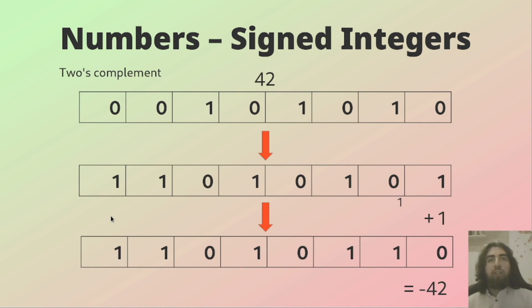Now, what about signed integers? Again, signed integers can represent negative numbers. So signed integers use a concept called 2's complement, where the processor will take a number over here, for example 42, and this would be the binary representation of this number. Then it will invert this binary number, meaning a 0 becomes a 1 and 1 becomes 0.